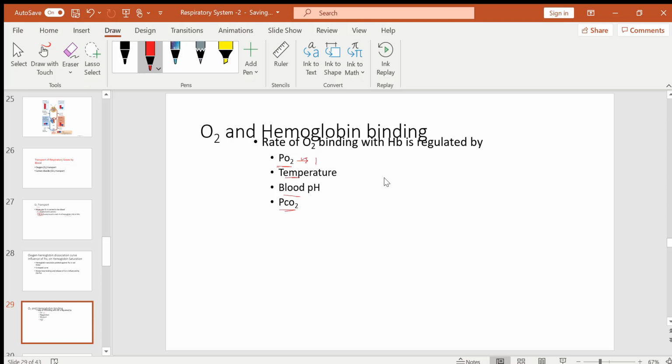Oxygen binding with hemoglobin is called saturation. So more oxygen available, more pressure of oxygen, means more saturation. Temperature: if the temperature increases, the saturation will be less. The binding will be less.